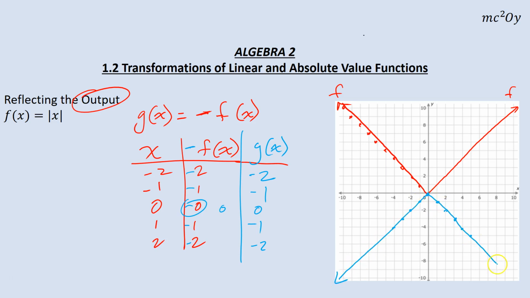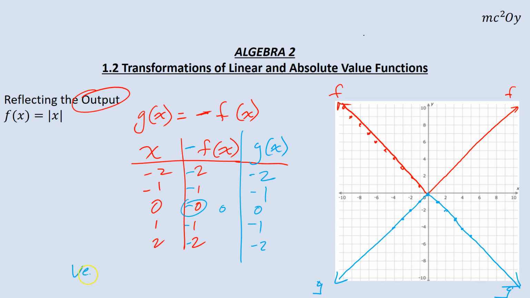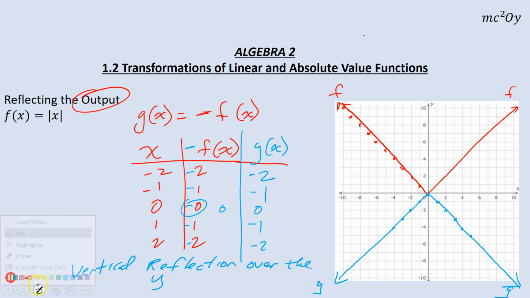So you get a graph that's doing a horizontal, excuse me, not horizontal. Sorry, it's happening on the outside. A vertical reflection over the x-axis.